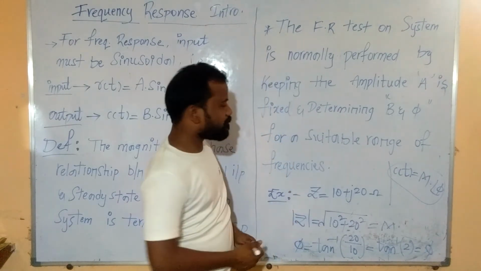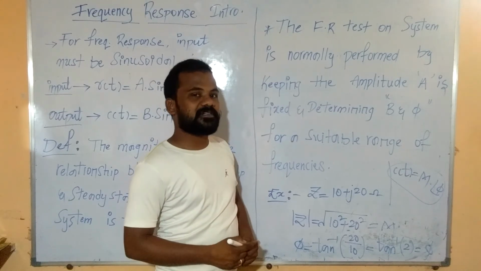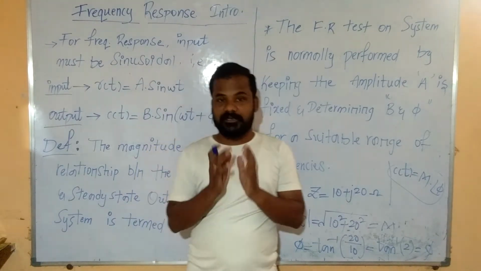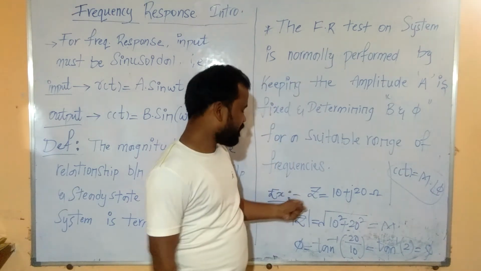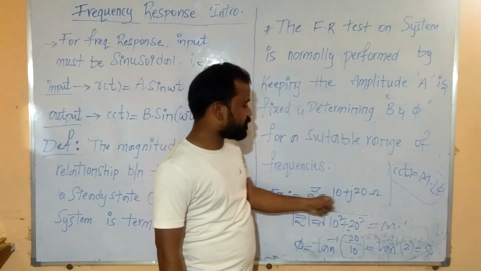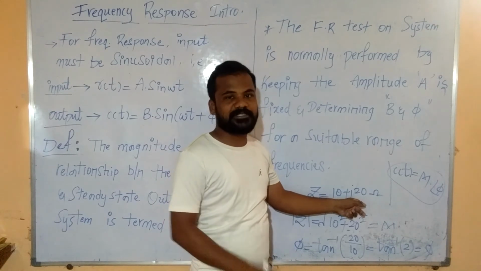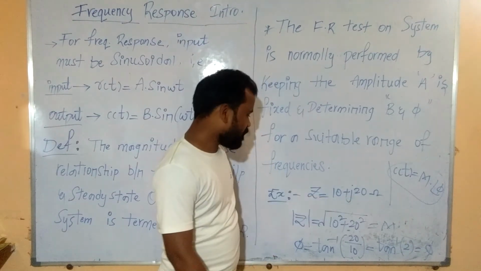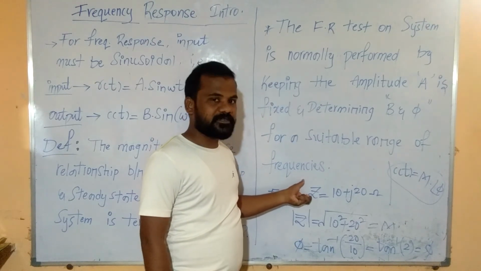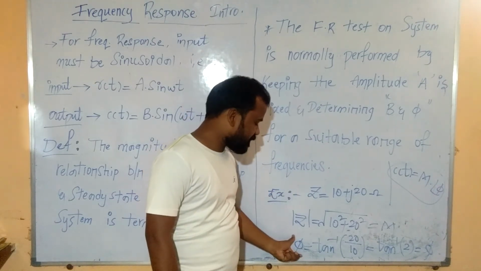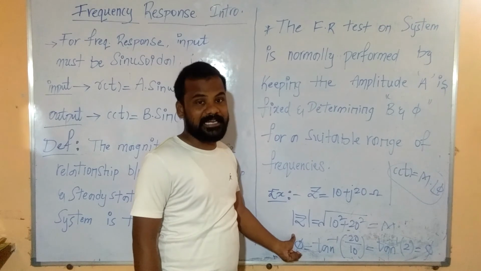For example, how are we going to convert the given input into the output? Say the input z is equal to 10 plus j into 20. Now I want to calculate the magnitude of this input, and also the value of the angle phi.